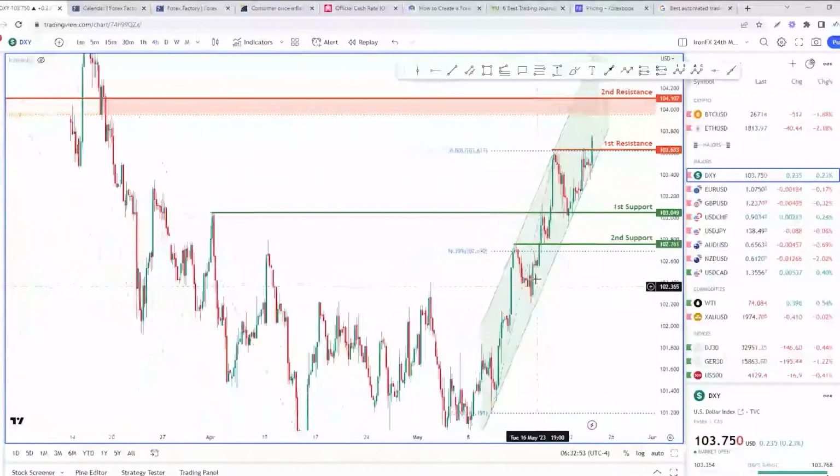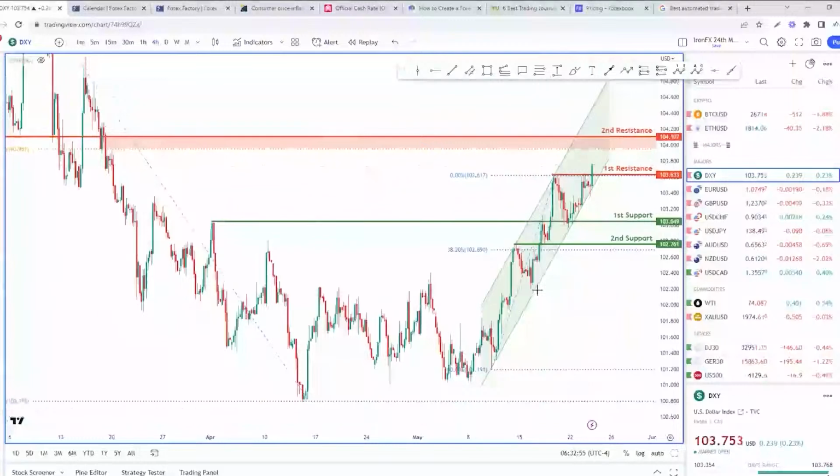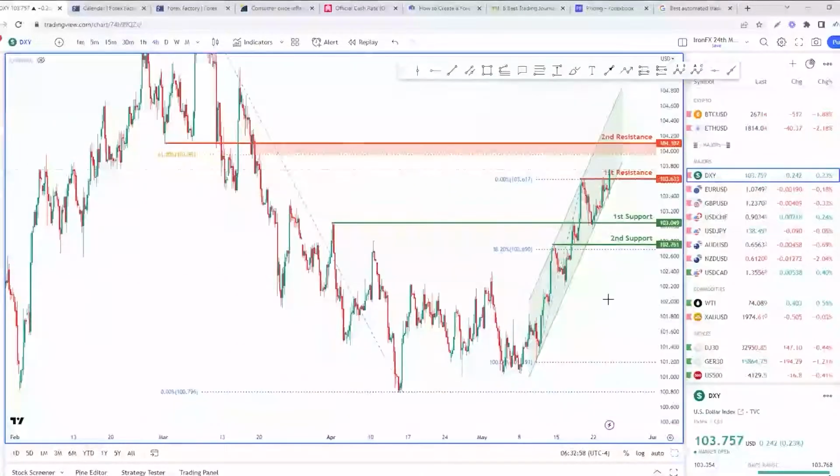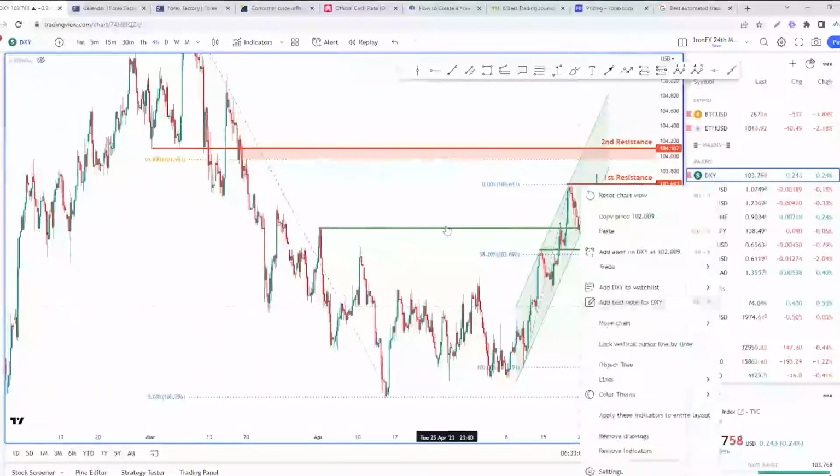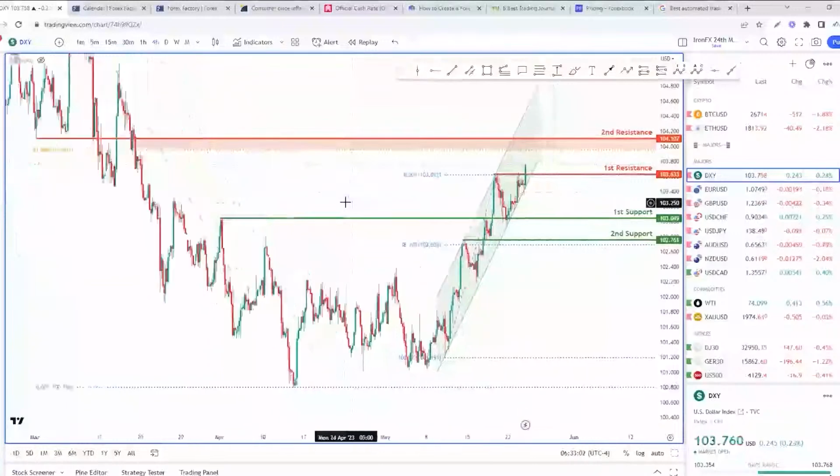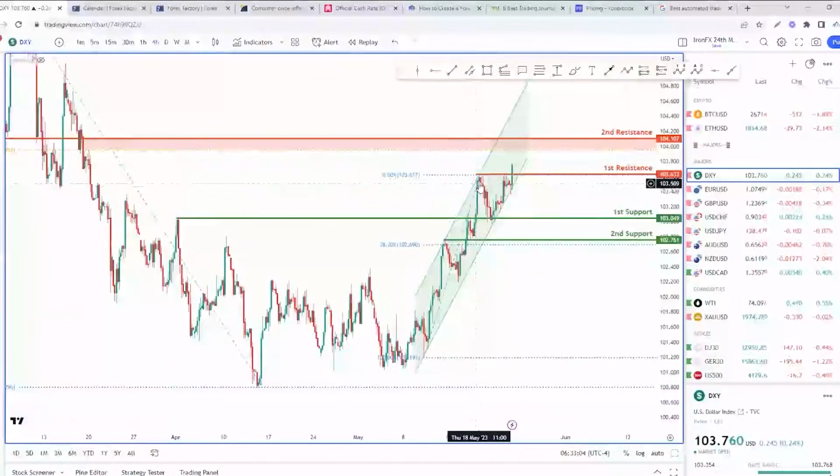Let me quickly show you how we identify various support levels, and overlapping support and resistance levels. In this example, we can see that on 18th of May, the dollar index hit 103.60, retreated and fell to 103, and then bounced higher, found resistance at 103.60 yesterday, before finally breaking through it today.